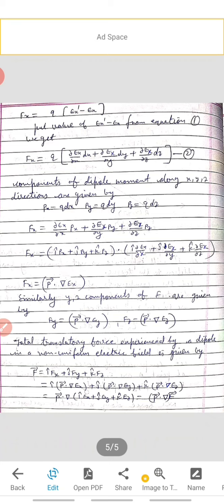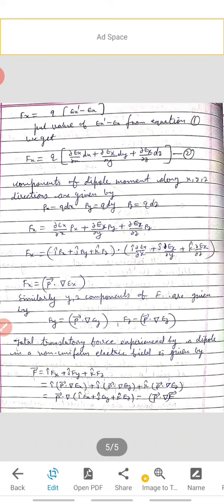Similarly, if we write the similar equations for the y and z components of the force, then we can write Fy is equals to P dot del Ey, Fz is equals to P dot del Ez. Now, the total translatory force experienced by a dipole in a non-uniform electric field is given by F is equals to i cap Fx plus j cap Fy plus k cap Fz.